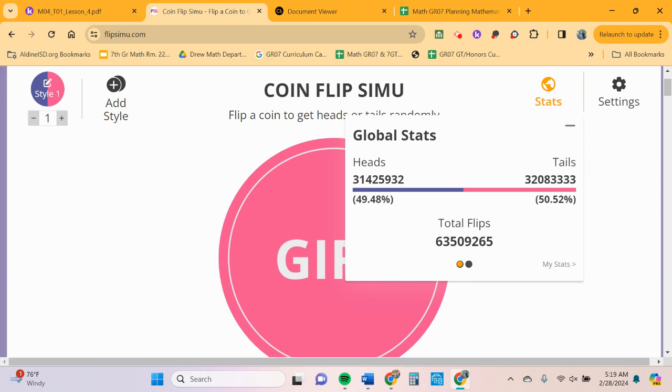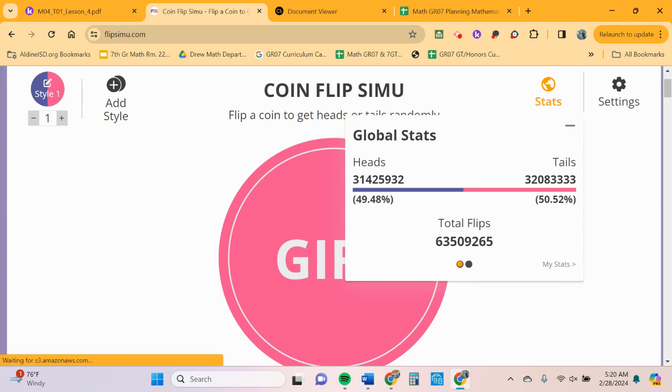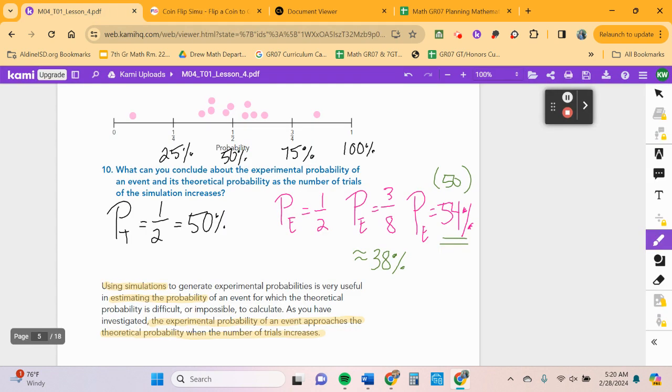The pink is about 50.5%, and the blue is at 49.48%. So as you can see, the more simulations that happen, again, the closer our experimental probability is going to reach our theoretical, or be as close to our theoretical probability as possible.